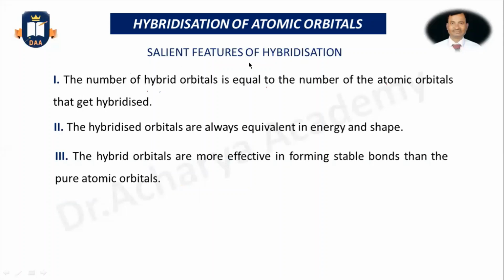There are some features of hybridization. Number 1, the number of hybrid orbitals is equal to the number of atomic orbitals that get hybridized. I already explained it. Point number 2, the hybridized orbitals are always equivalent in energy and shape. Third point, the hybrid orbitals are more effective in forming stable bonds than the pure atomic orbitals.